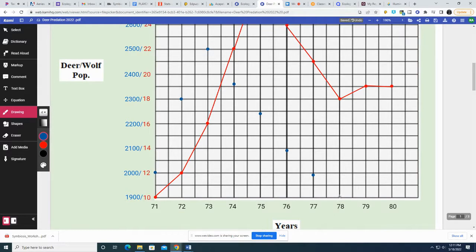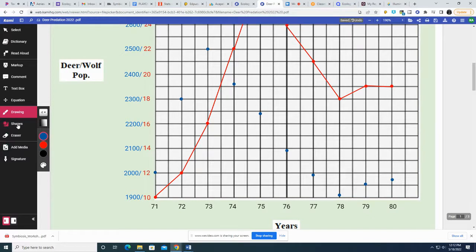So now there's barely over 1,900. So it's way down here. Boink. 79, they go up a little bit. 1,952. So here's 1950. Tiny bit over that. In 1980, there was 1,972. So it'll be right about there. So they started going up again.